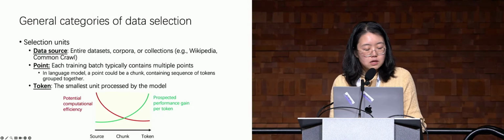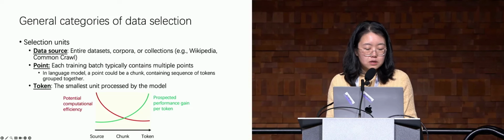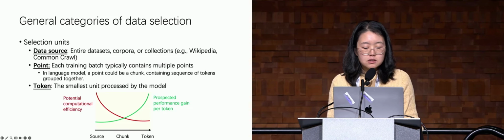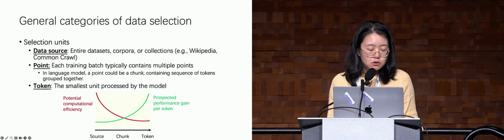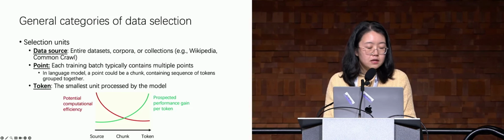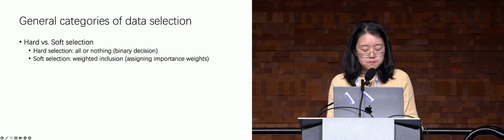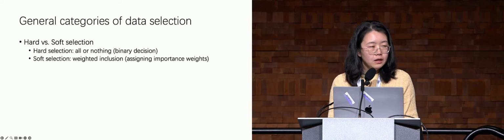In the middle scale, we have the data point. A data point is just a unit in your training batch. In language modeling, it would be a chunk that contains a sequence of tokens. In image modeling, it will be a single image in your training batch. And at the finest grain level, we have token selection, which is the smallest unit processed by the model.